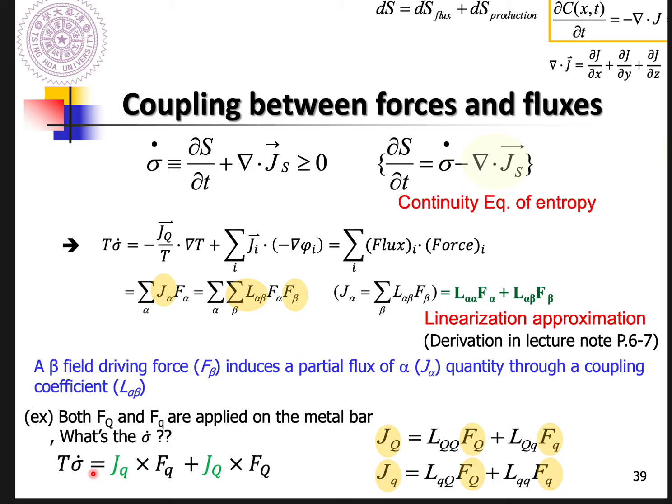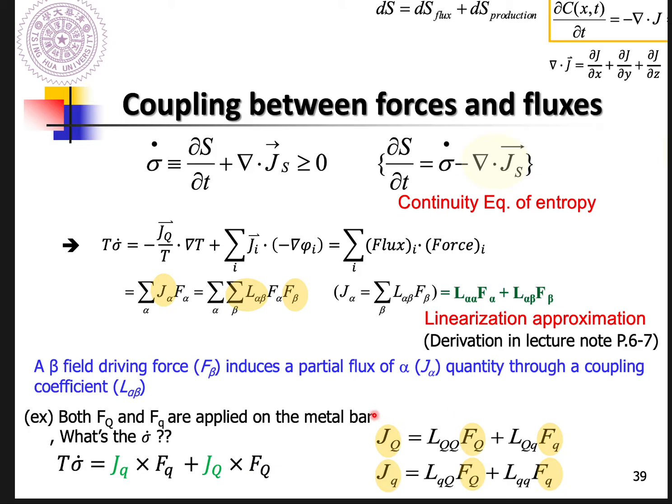Okay, and actually it is the same concept, right? If you have a third driving force, you can just add an extra term here. For example, if that is the atomic flux, then the atomic flux will be driven by the temperature gradient, the electric field, and also the chemical potential gradient.